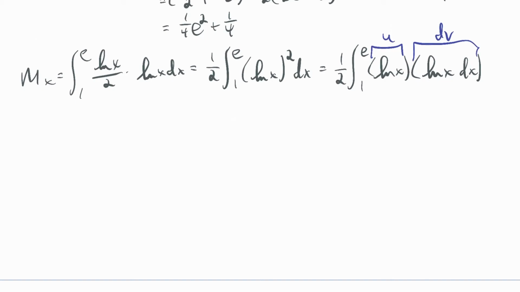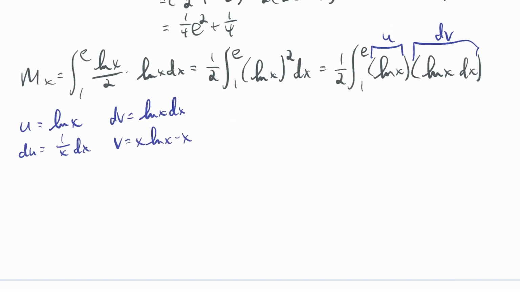So, u equals ln of x. Okay, so du equals 1 over x dx. dv equals ln of x dx. So v, and I'm not going to work out the integration by parts for ln of x. We've done this one already. So this is x ln of x minus x.